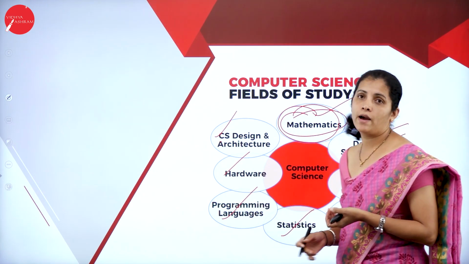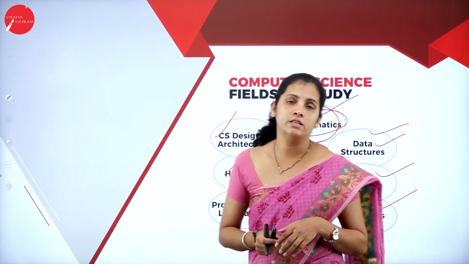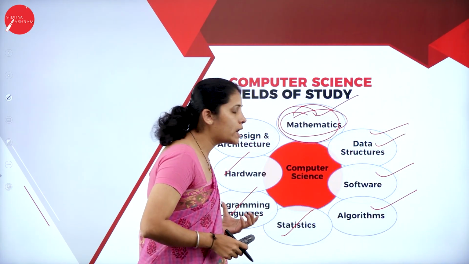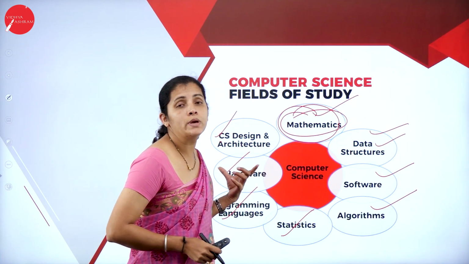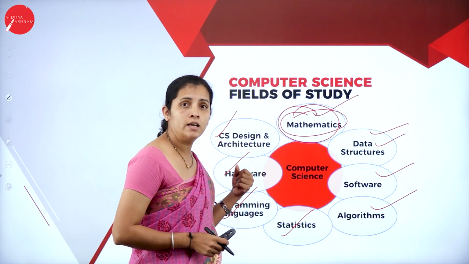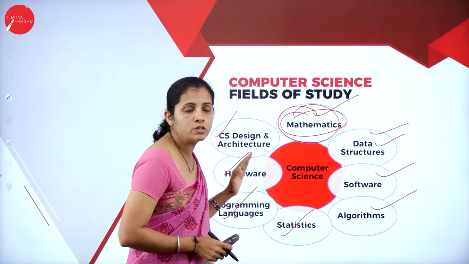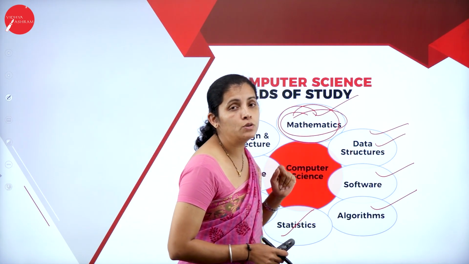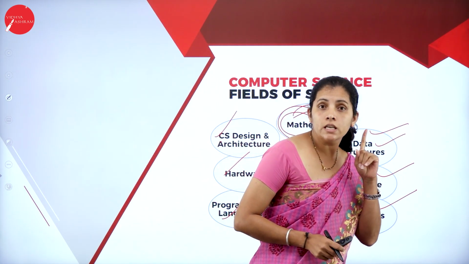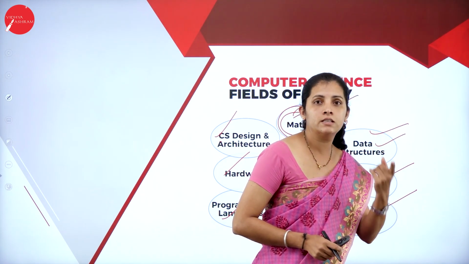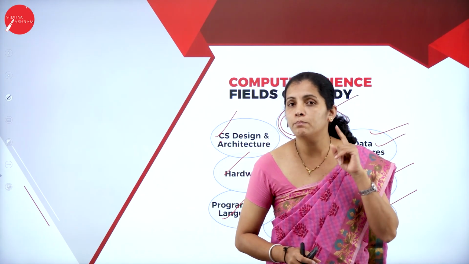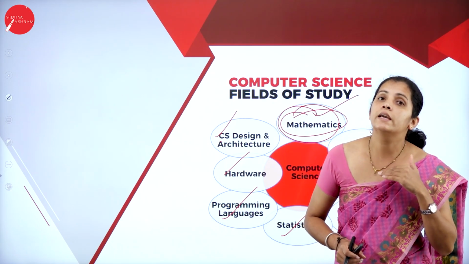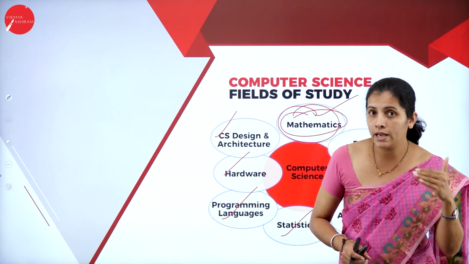Then I'm going to have the programming language. That means the programming language plays a very important role in computer science, because the computer is capable of understanding only instructions. So whatever instruction I'm going to give must be written in one of the programming languages.